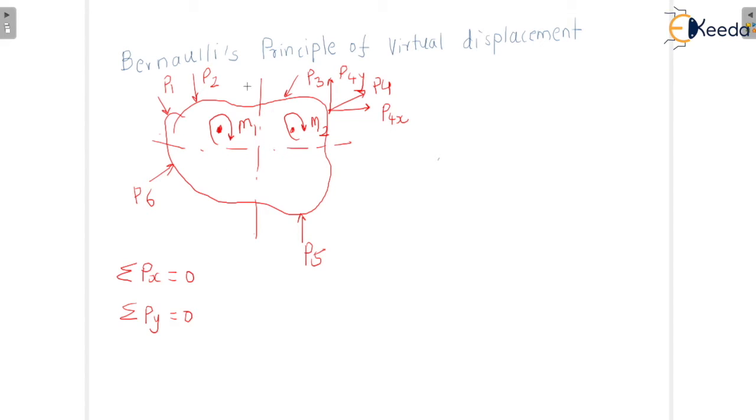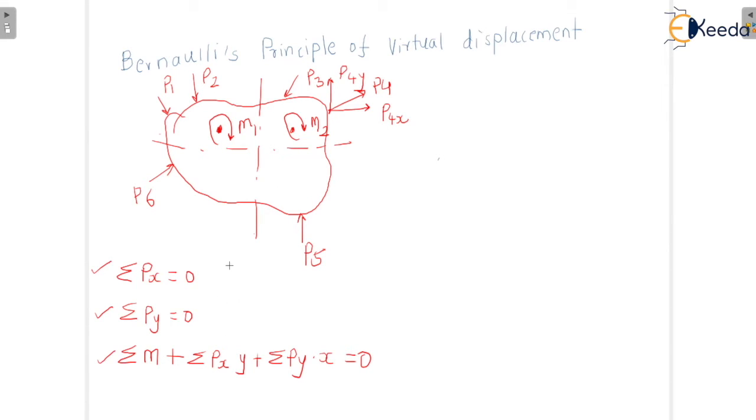In the final equation we will also include these moments: summation of moments, plus summation of Px into y, plus summation of Py into x, is equal to 0. So forces in x direction is 0, y direction is 0, and moments equal to 0.